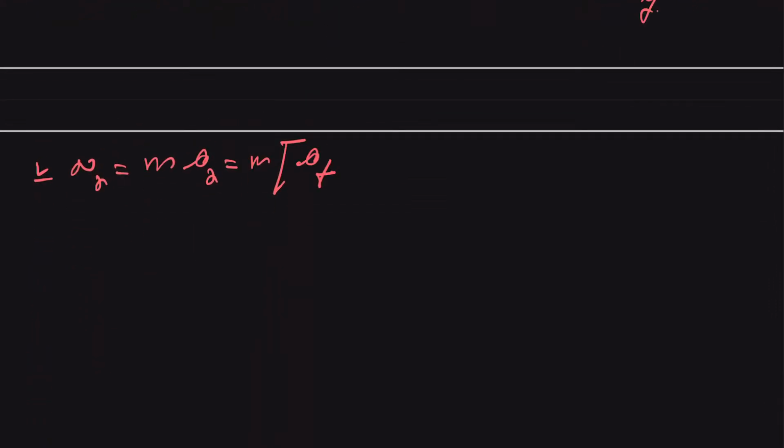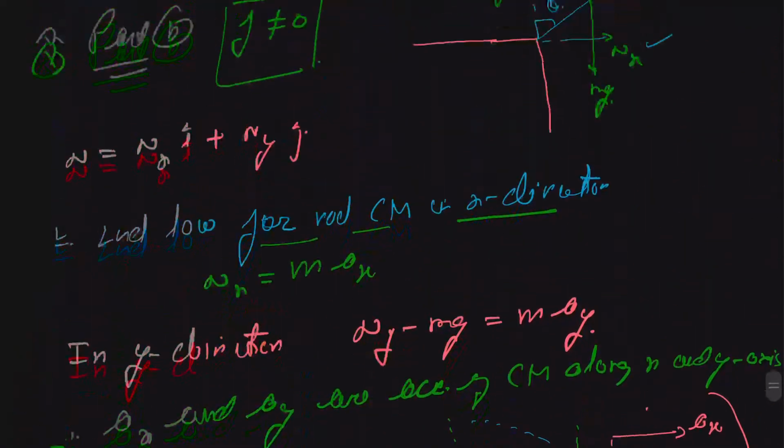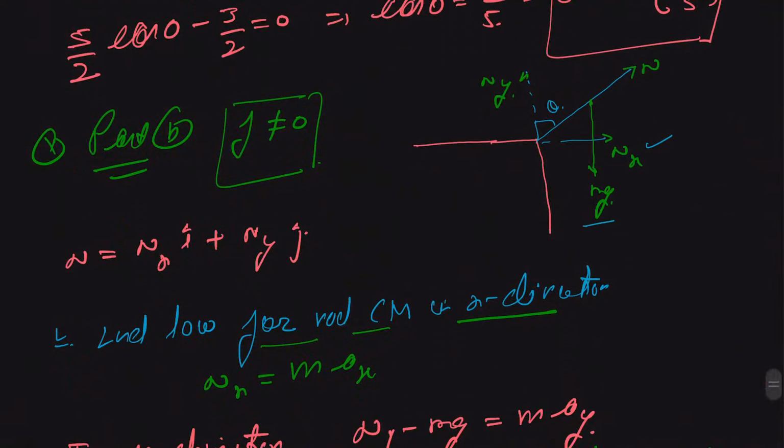So we get this as AT cos of theta minus AC sin of theta.